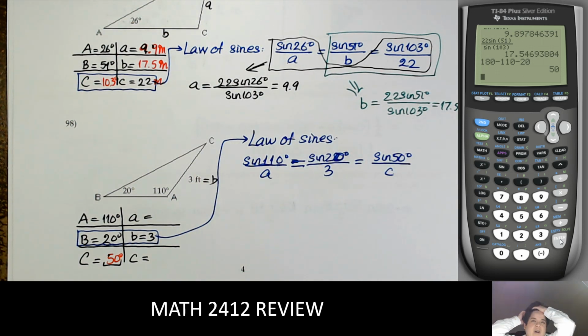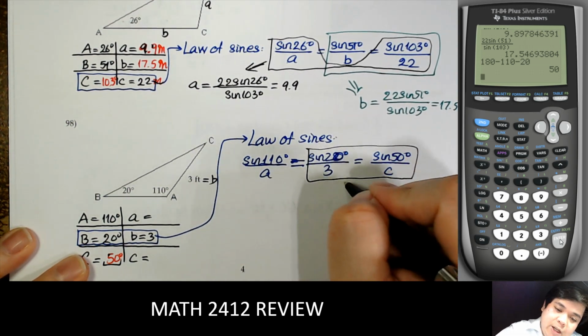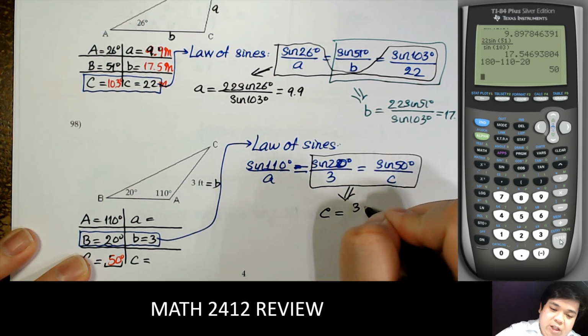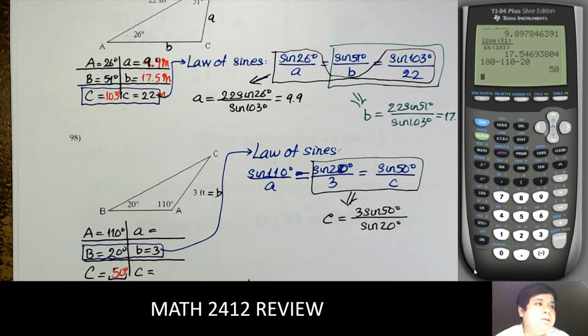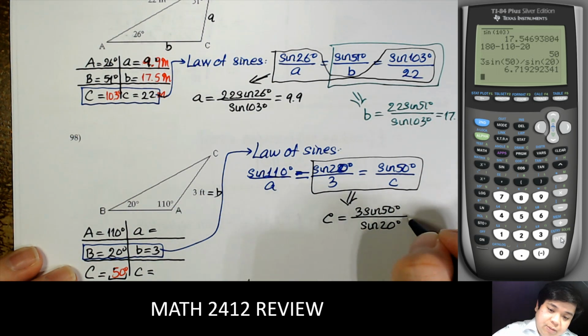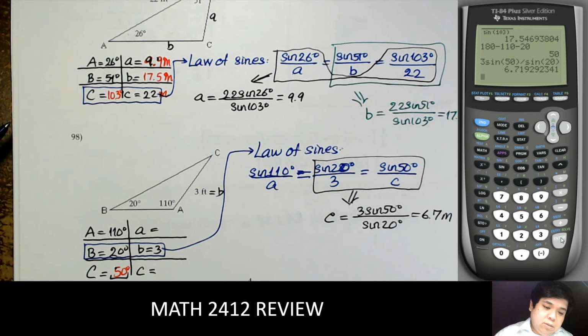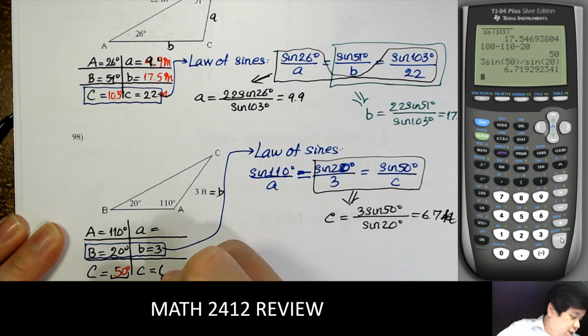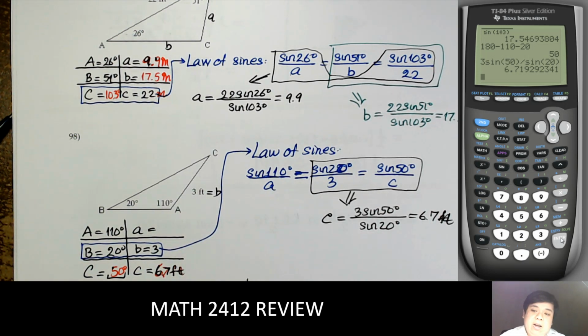In this case we don't know yet, but we can find that easily. I just pick these two. And so for c, we have 3 sine of 50 degrees over sine of 20 degrees. Three sine of 50 degrees divided by sine of 20 degrees. 6.7 something. So 6.7 feet. Actually, let's write that in red because we found that.